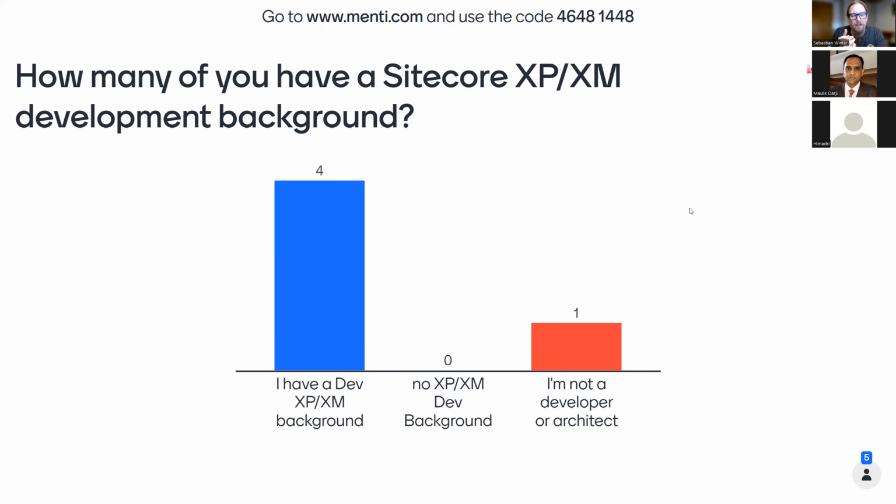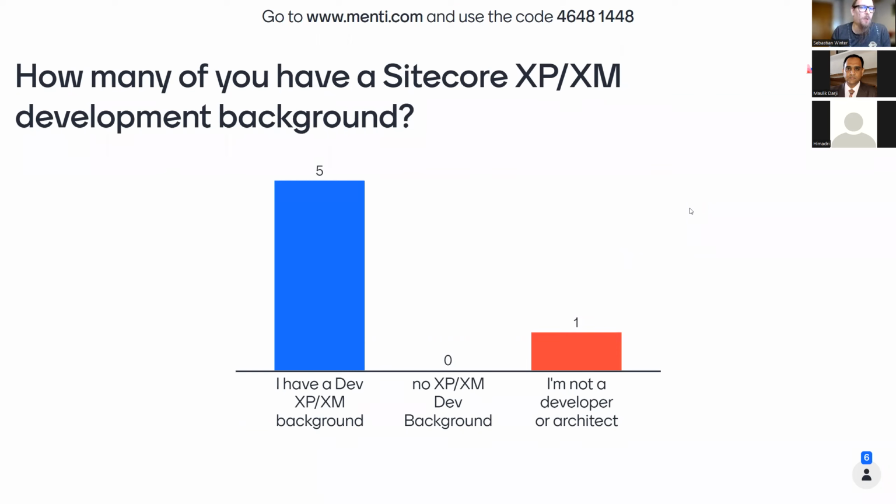quite expected, that most of us are coming from an XP XM background, maybe not always from a development background, but I think the Sitecore community was grown on XP and XM, and all the Content Hub projects in the past were developed in-house by Stylabs, basically, the former company, and is opened up now to the partner ecosystem.